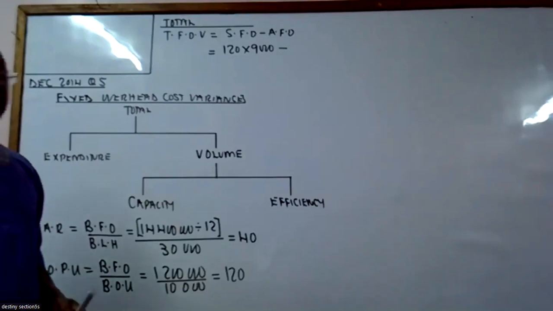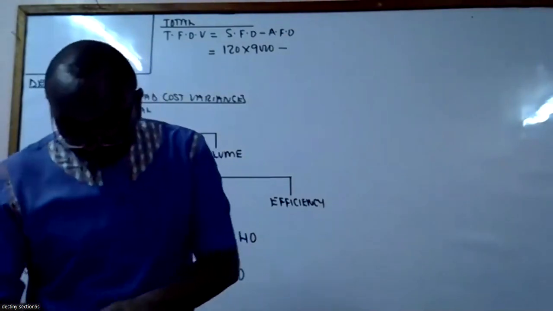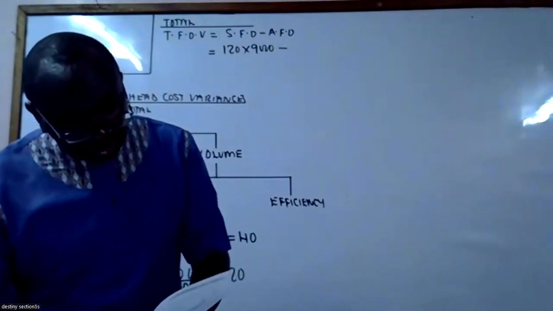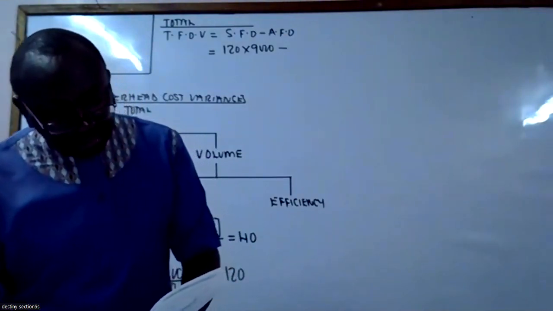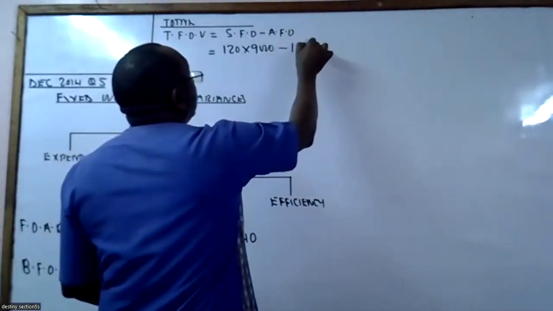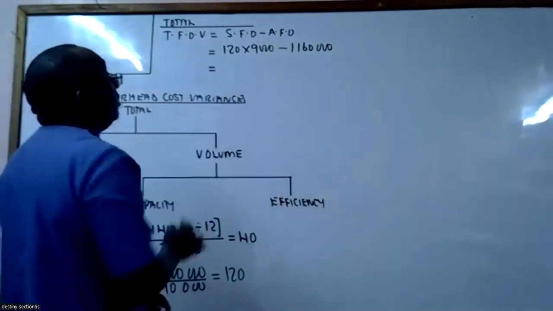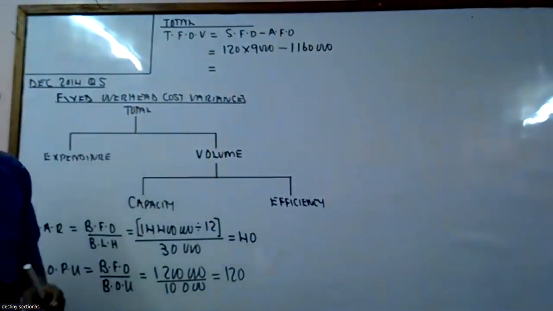So the actual fixed overheads, looking at the actual results, you get it is 1,160,000.